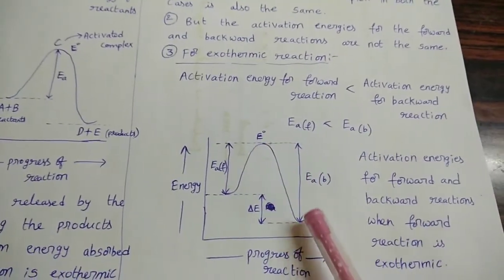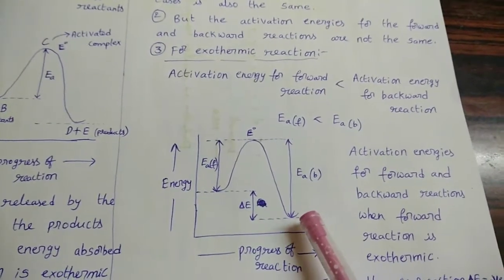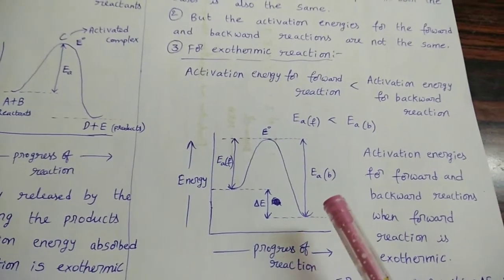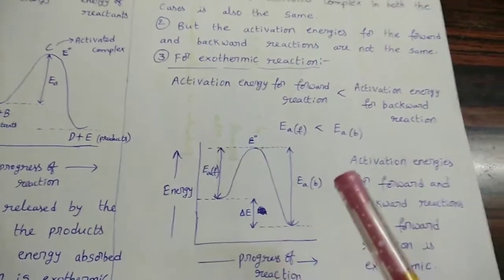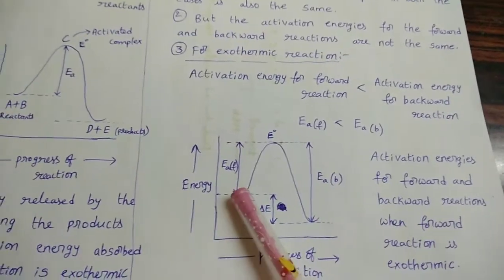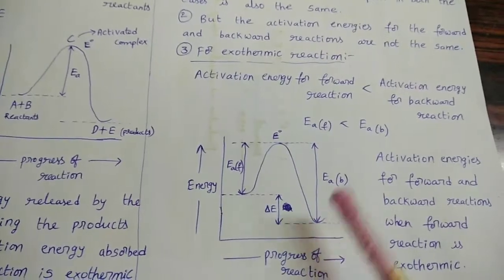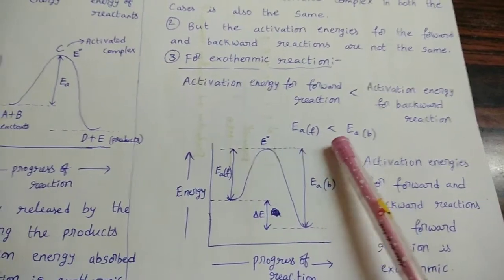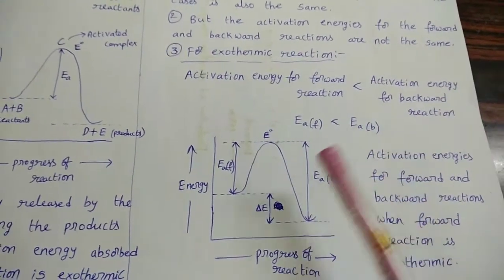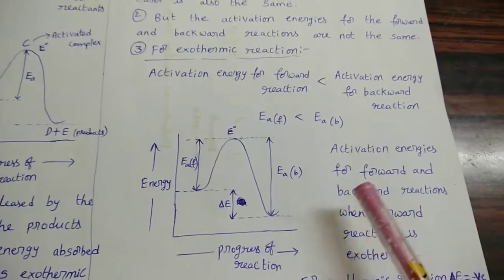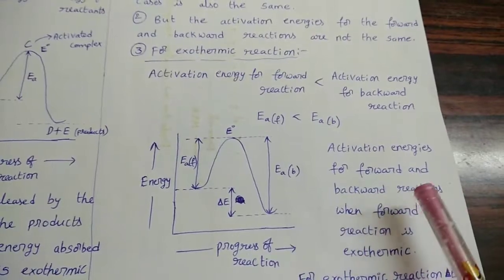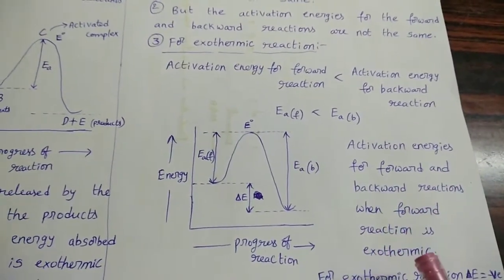So more amount of energy is released, which means the activation energy for backward reaction is more. So from this we can conclude activation energy for forward reaction is less, activation energy for backward reaction is more. So this is a reversible reaction representing activation energies for forward and backward reactions when forward reaction is exothermic.